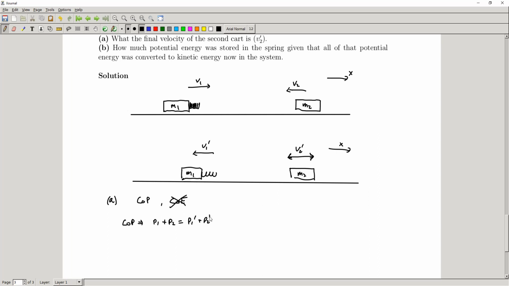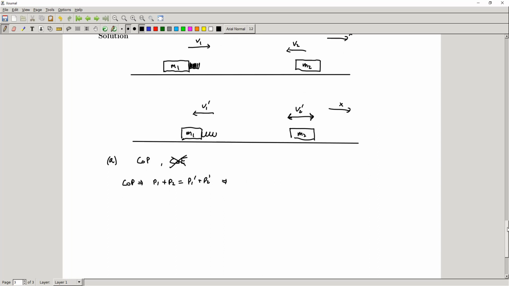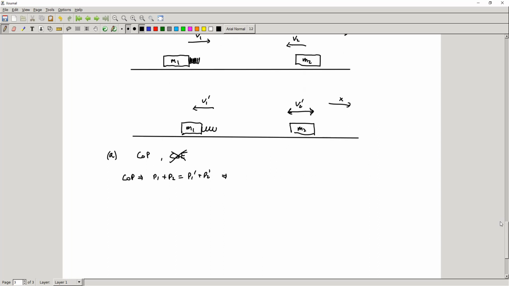Okay. And we can rewrite this again in terms of the masses and velocities involved here. And if we do that, we will end up with M1 V1 plus M2 V2 equals M1 V1 prime plus M2 V2 prime.